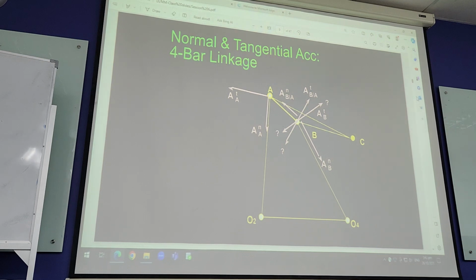If the particle is here, then the tangential acceleration will be here and the normal like this. If the particle is here, the tangential acceleration will be like this, and the normal acceleration like this. Here, the reference frame is the normal and tangential components. So what is the formula for tangential acceleration? Tangential acceleration is simply r times angular acceleration. Normal acceleration, you can write either v squared over r, or r omega squared.